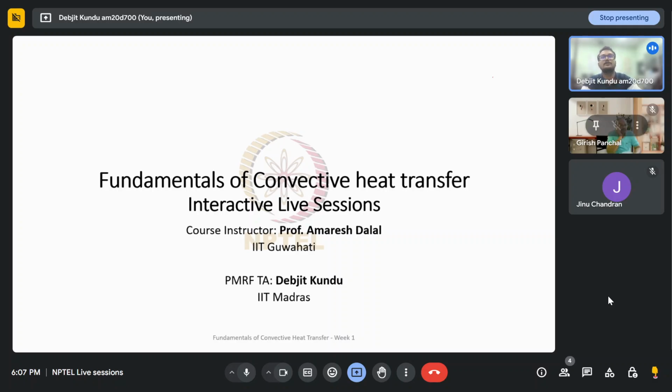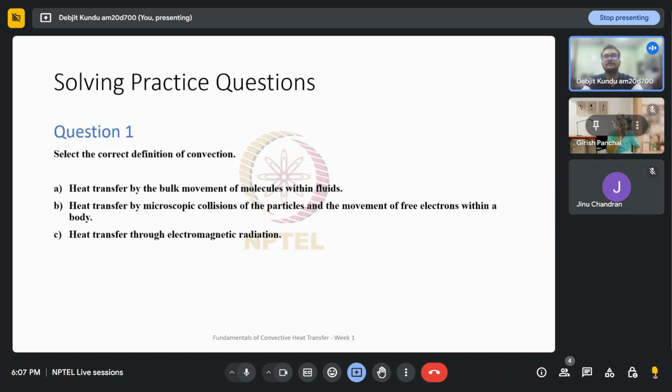So let's have a look at the first question of today's session. It is an MCQ type question which asks us to select the correct definition of convection, and there are three statements given below. One of them describes the correct definition of convection in its truest sense. Once you have read all these statements and made a choice, you can either type in the chat box or you can unmute and answer, whichever way you feel more comfortable.